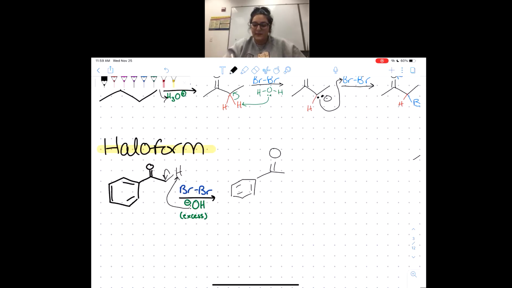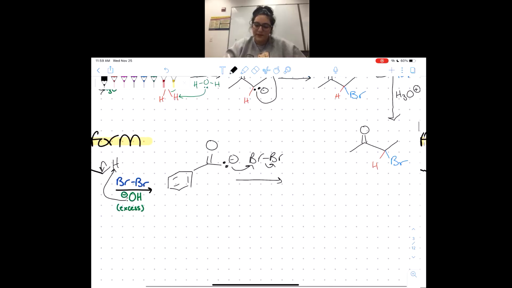And we get a minus charge. The minus charge is going to attack the bromine. So we get 1 addition, and I'm going to do it in blue.